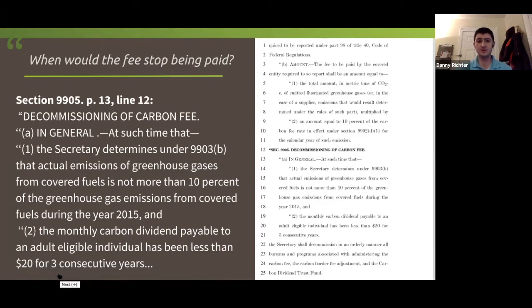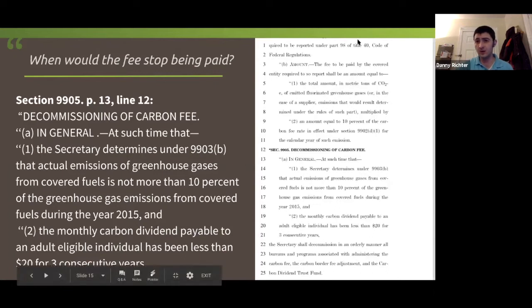So this is the sunset clause. So we set the fee, we enabled it to be ratcheted up more quickly. We went over the pause. This is saying that once we've achieved our emissions goals, and once the monthly dividend is so small that it is $20 per individual per month for 3 consecutive years, at that point we decommission the fee.